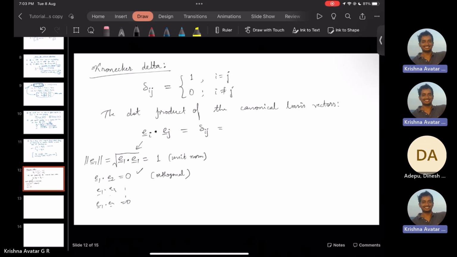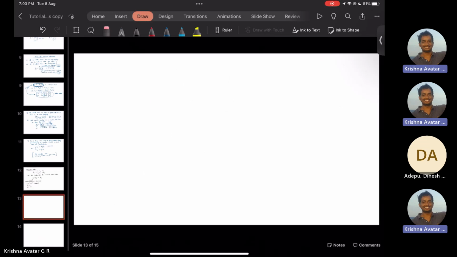And that is how we are able to represent the dot product as a Kronecker delta function.